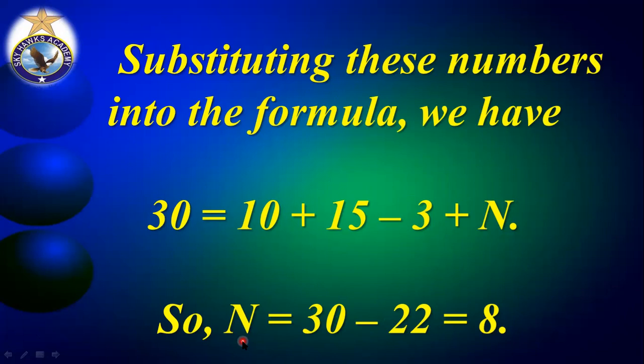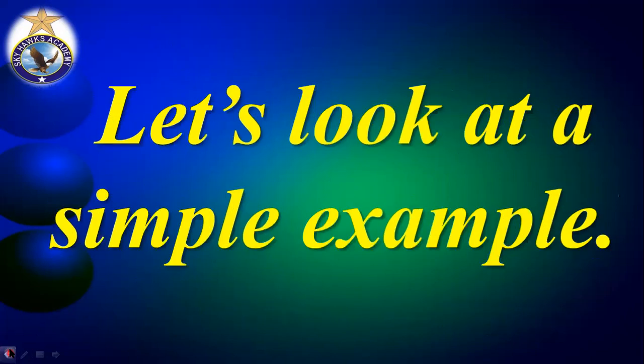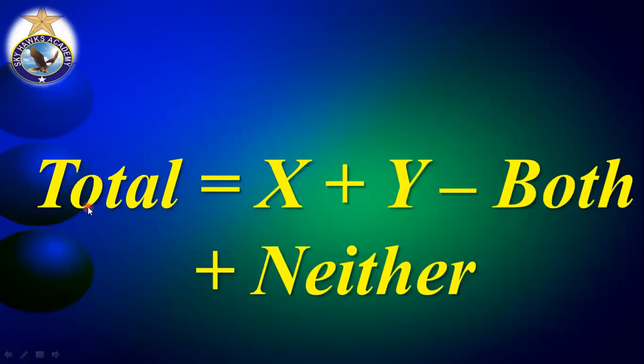The total number of students equals the number playing piano, plus the number playing guitar, minus those doing both activities, plus neither, who are not doing anything.